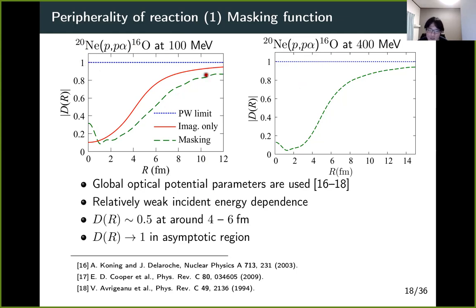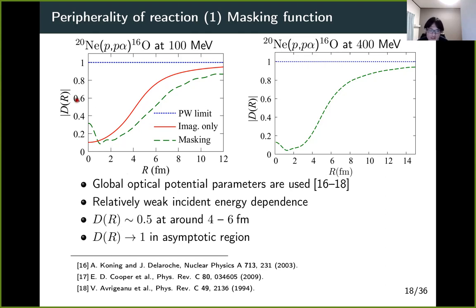In the internal region, they are absorbed, and only about 10% of the internal region contributes to the reaction, and it hits about 50%, or 0.5, around 4 to 6 femtometers. And of course it goes to unity in the asymptotic region because we don't have any absorption; in the asymptotic region they are just plane waves.